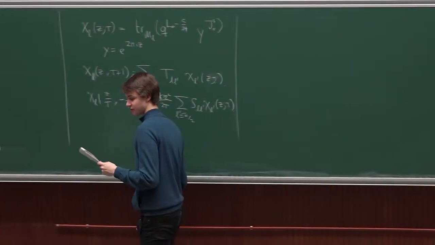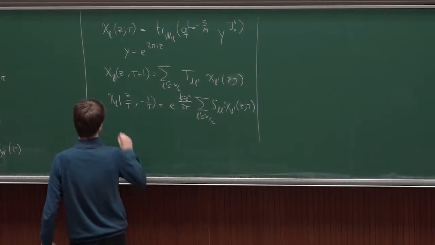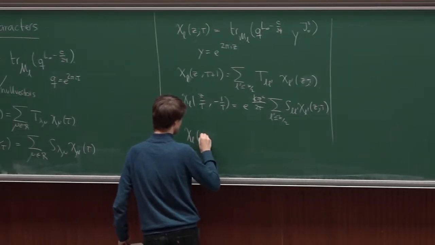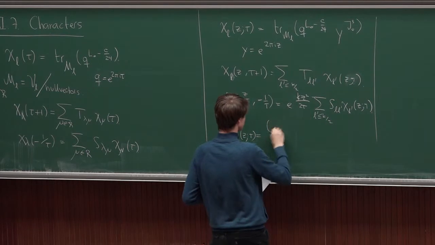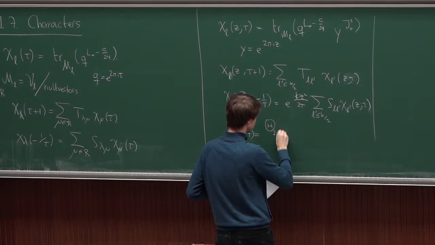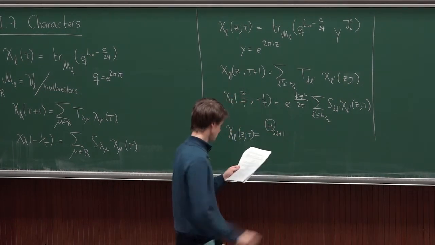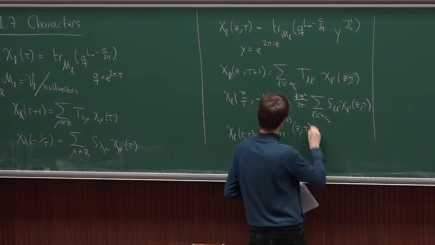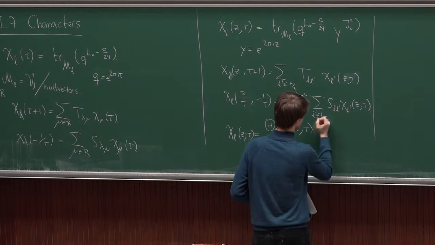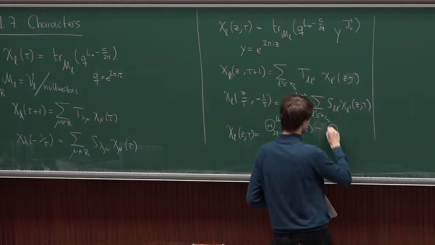But let's be brave and write down what those characters are for SU2. This will be without proof, and I will tell you in a second what these thetas are. I just write it in terms of some other function I haven't defined yet.